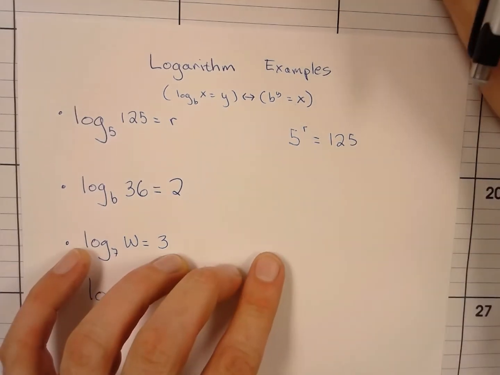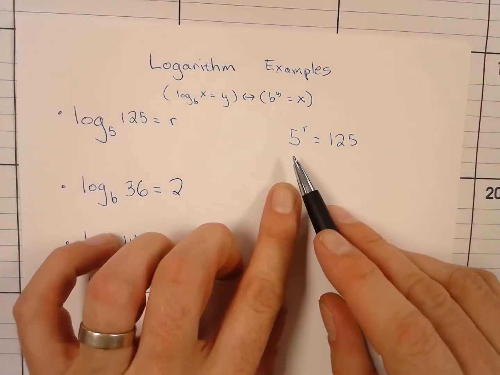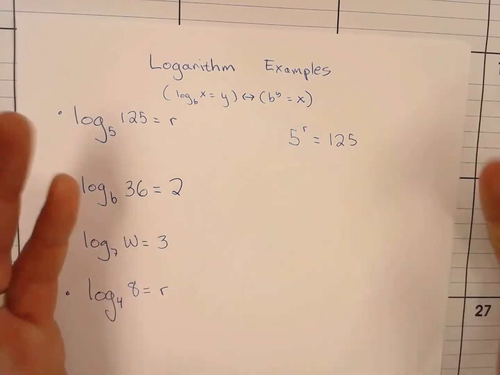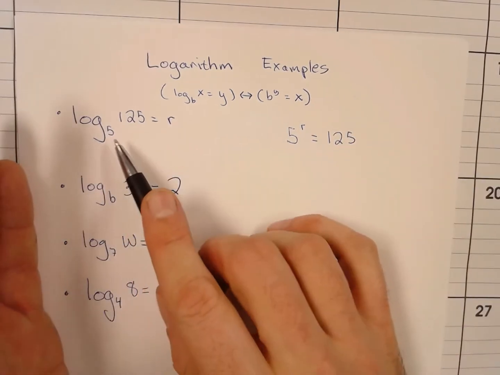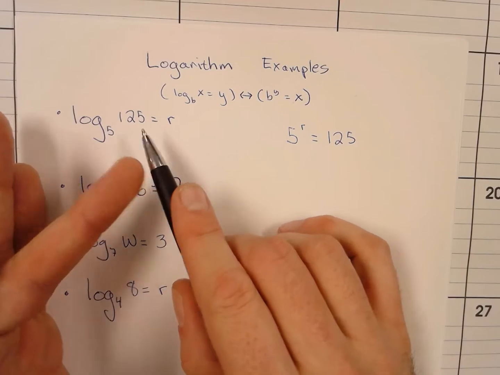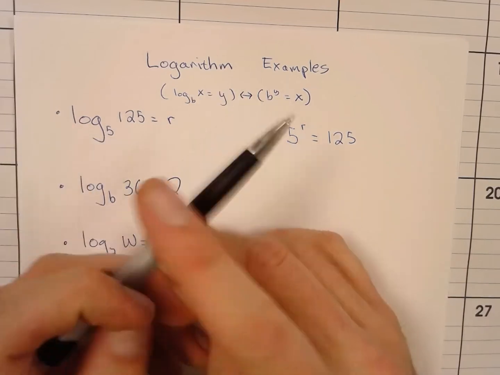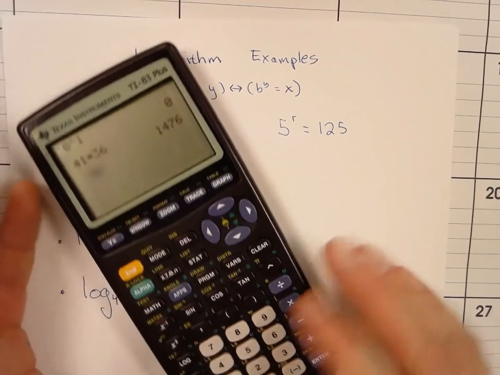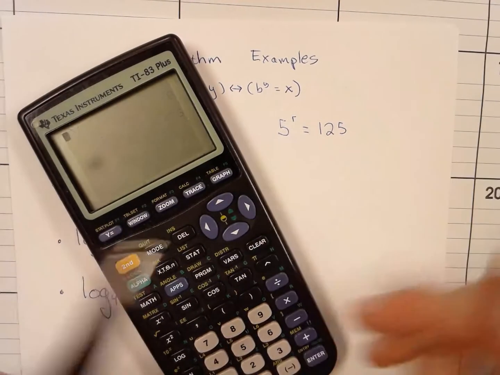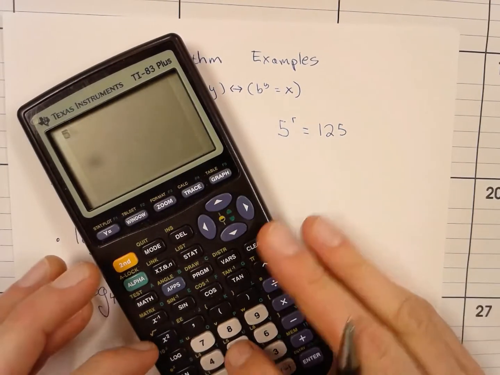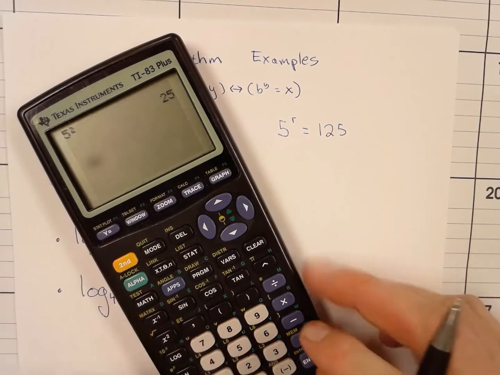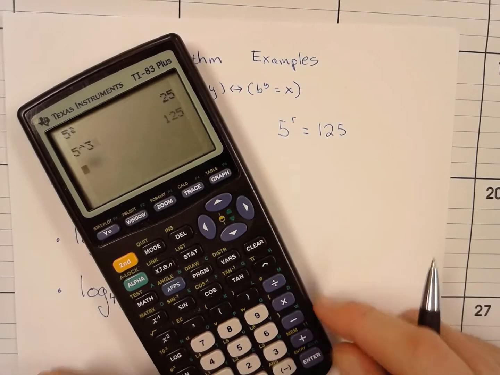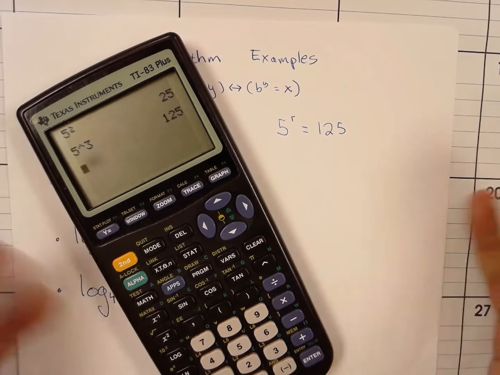And when you put it in this form, it's effectively asking, what exponent power do I raise 5 to get 125? You're going to learn some properties very, very soon to solve this explicitly, but for right now you can do a little guessing and checking. 5 squared is 25. 5 raised to the third power is 125.